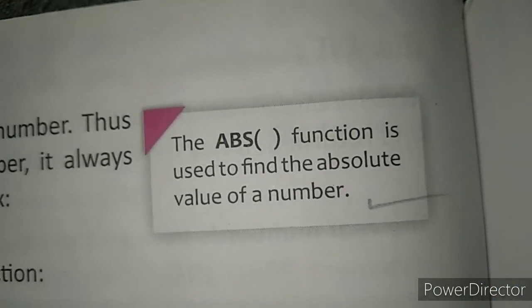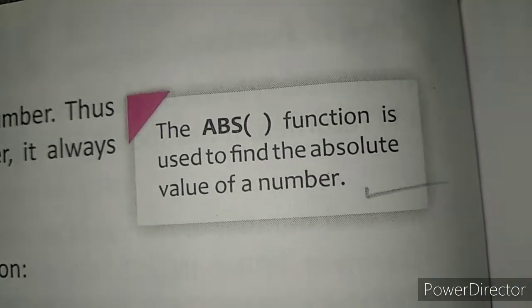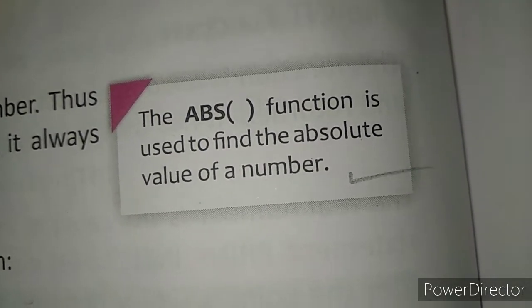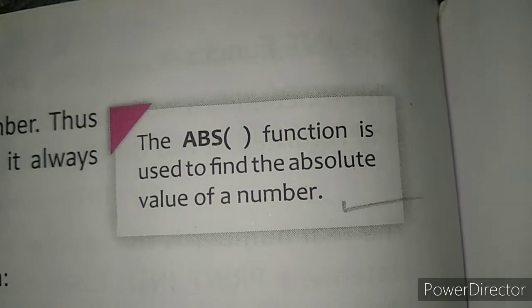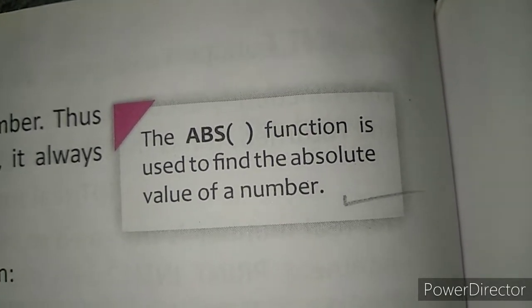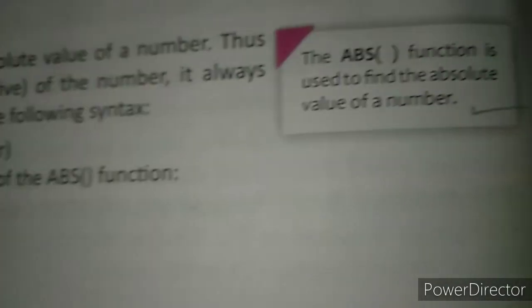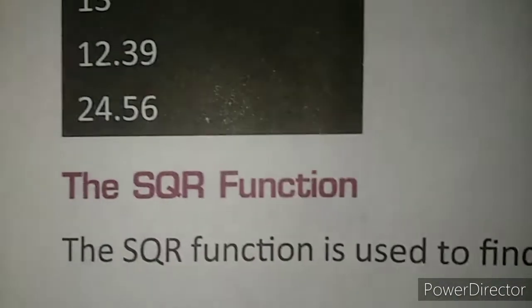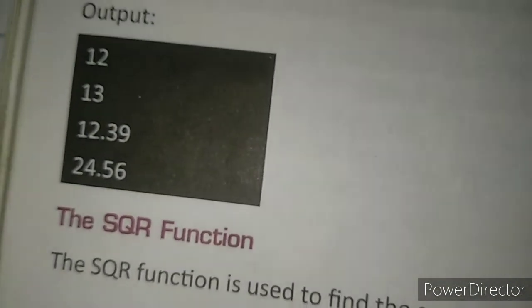In general, if a number is positive, the same value will be returned, and if any number is negative, then the negative sign will be removed and the value will be reported as output. So it is clear how the absolute function works.